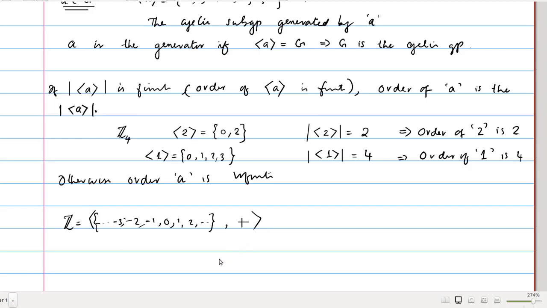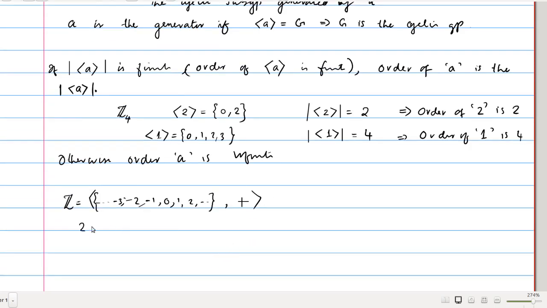If we choose an element 2 from this Z, and consider the cyclic subgroup generated by 2, then this consists of the elements 2 raised to 0, 2 raised to 1, 2 raised to 2, 2 raised to 3, etc., and 2 raised to minus 1, 2 raised to minus 2, 2 raised to minus 3, etc.